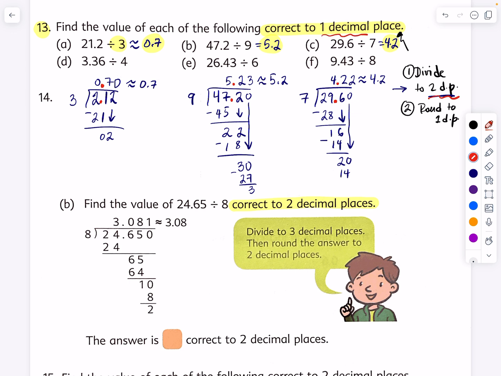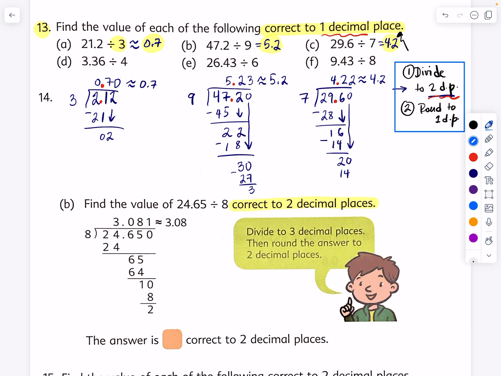Round it to one decimal place. Again, just to summarize what we've done so far, use long division as usual, and then divide and find two decimal places. Don't go any further. Round to one decimal place.